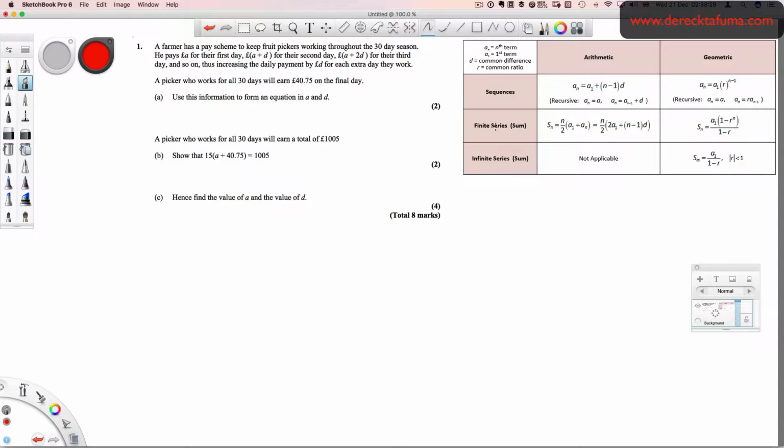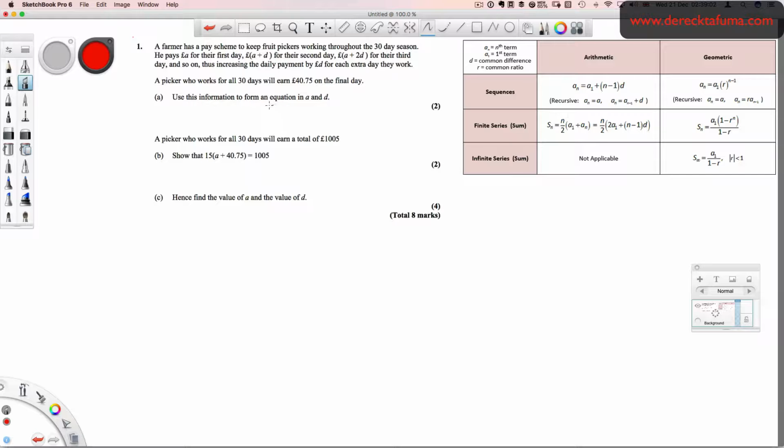The other equation we're going to use, for the sum of a finite series, is S sub n equals n divided by 2 brackets A1 plus A sub n, or n divided by 2 brackets 2A1 plus bracket n minus 1 D, close the other bracket.